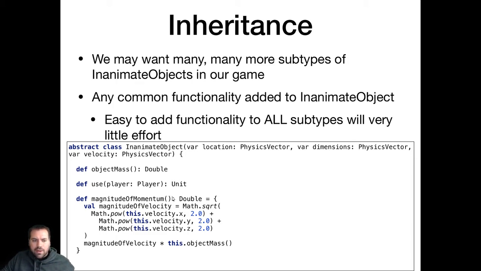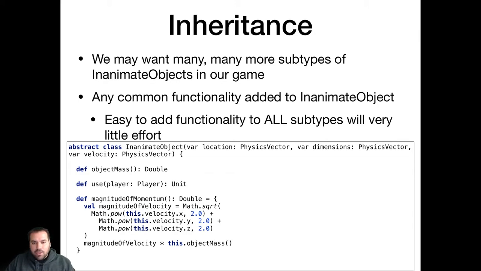So we have all the functionality we need here. In our other classes, we don't have to override magnitude of momentum unless we want to, because it already has a definition that we inherited. In health potion, we don't have to say anything about magnitude of momentum. We just get that functionality. No override, nothing involved.